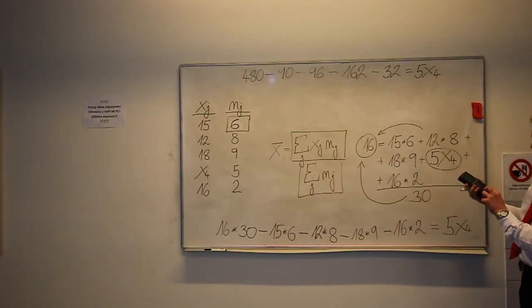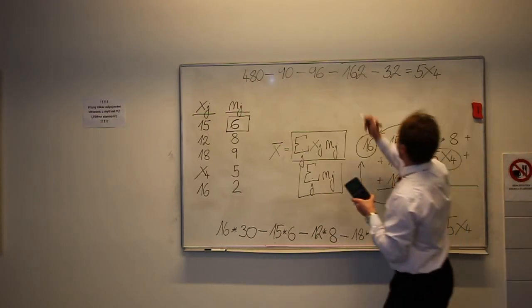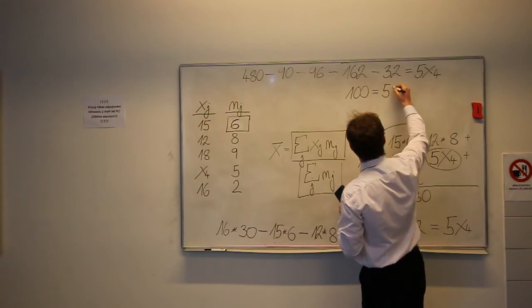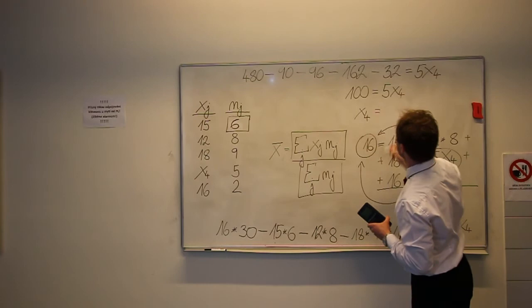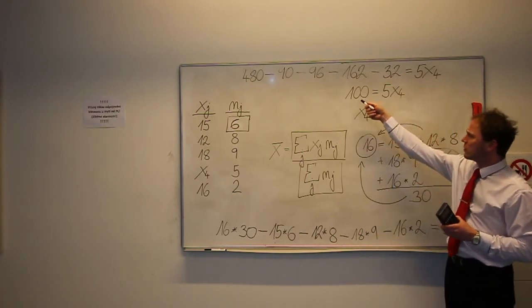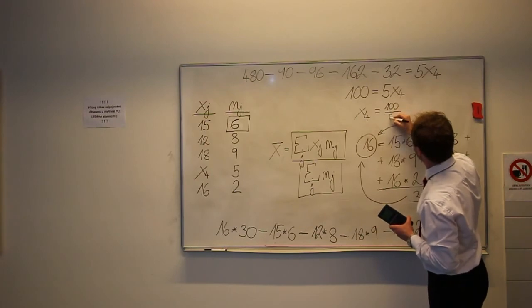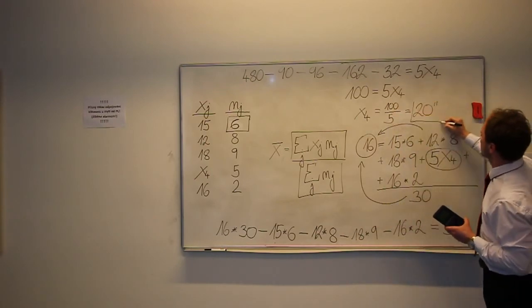So 480 minus 90 minus 96 minus 162 minus 32. 100 is on the left side, and this is equal to 5x4. So x4 is equal to 100 divided by 5. This is equal to 20 inches.